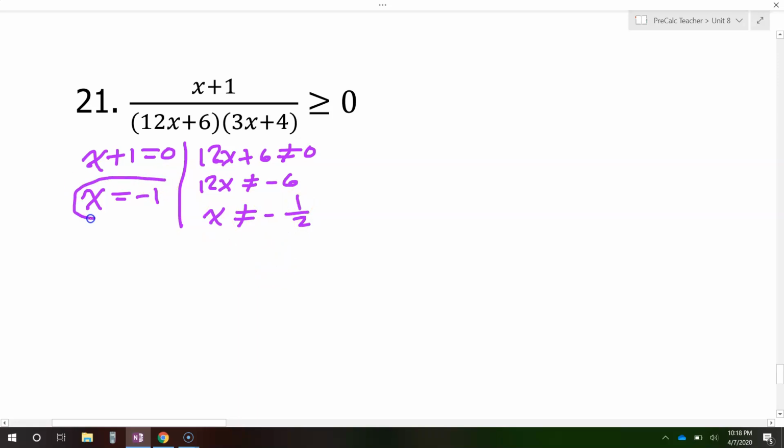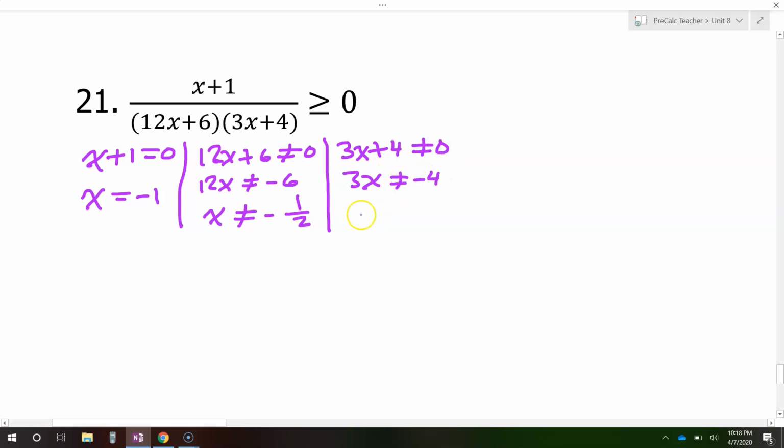All right, so I've got a critical value here. I don't feel like I should circle it. Maybe I'll highlight it later, because if I circle it, you might think that those are answers. So I can get another critical value because 3x plus 4 also cannot equal 0. So that means that 3x cannot equal -4.